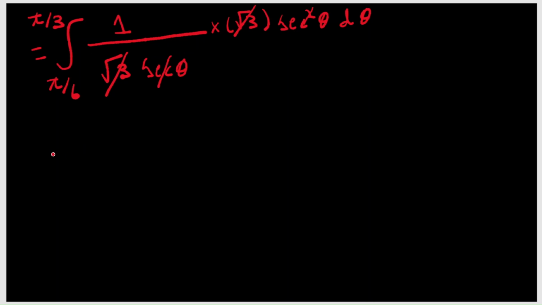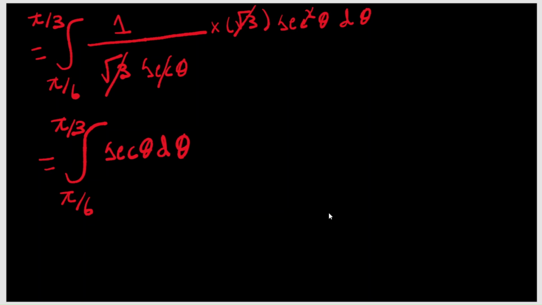So what we are left with is the integral from pi by 6 to pi by 3 of sec theta d theta. Now we're going to integrate this with respect to theta.